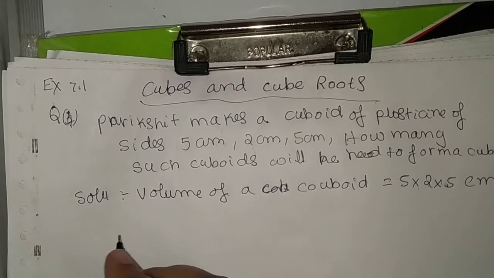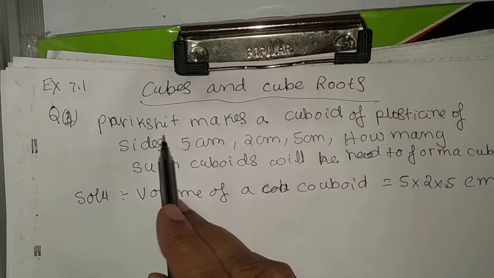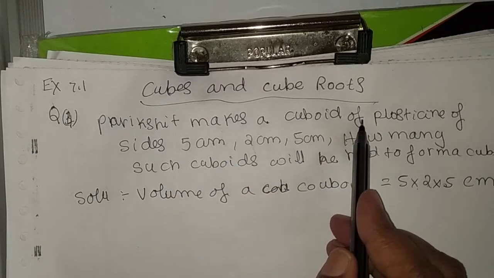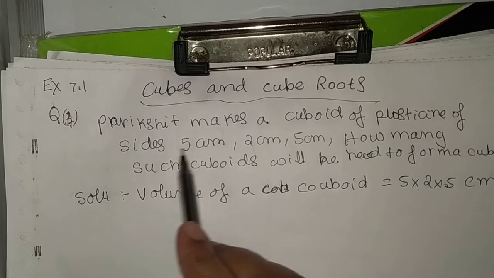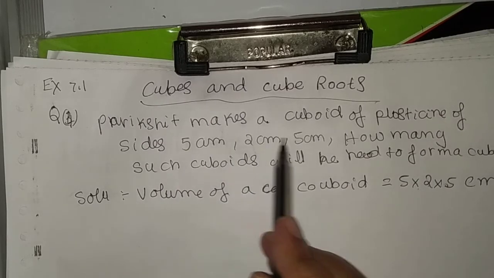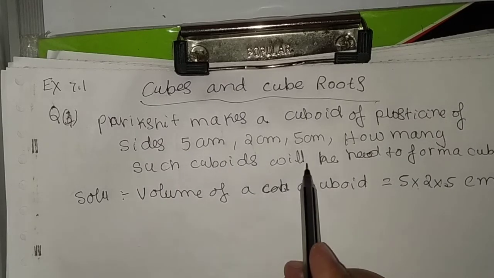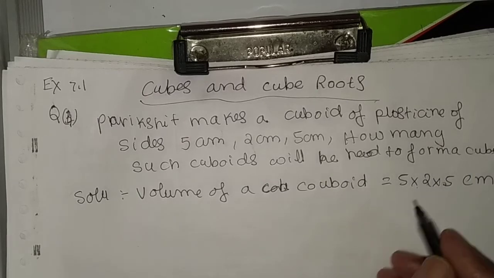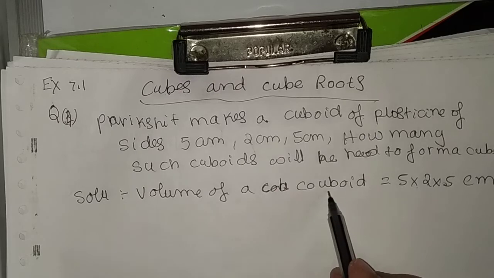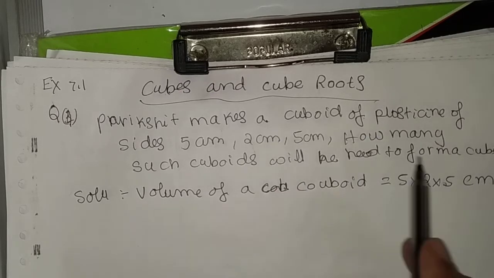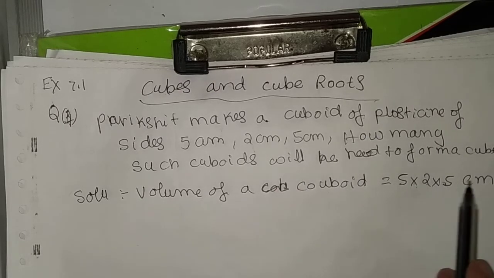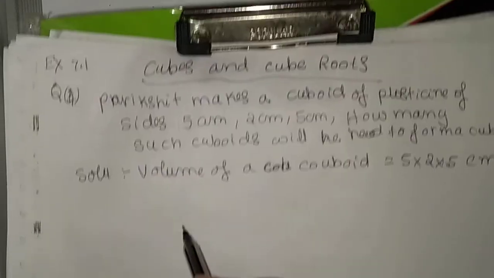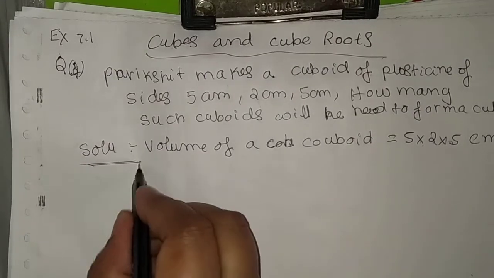So the solution is, we'll write what they have asked. Parikshit makes a cuboid of plasticine of sides 5 centimeters, 2 centimeters, 5 centimeters. How many such cuboids will be needed to form a cube? So we should find out how many cuboids are needed. So the volume of the cuboid can be written as 5 into 2 into 5 centimeter cube. Now write down the solution.